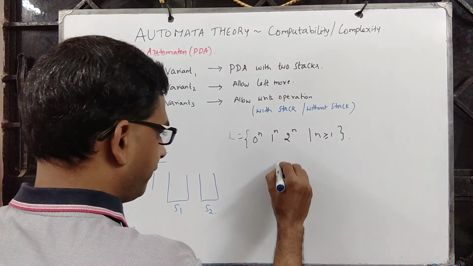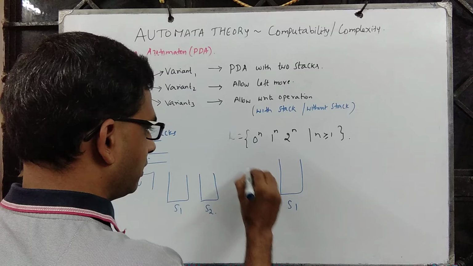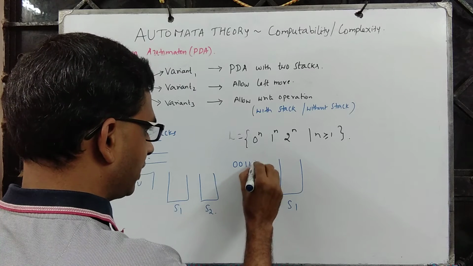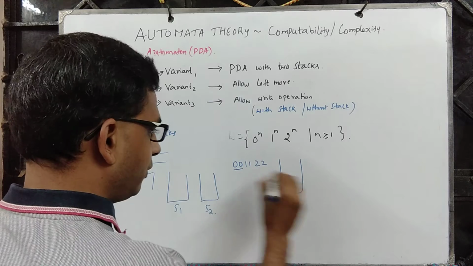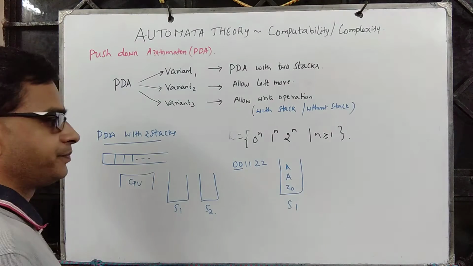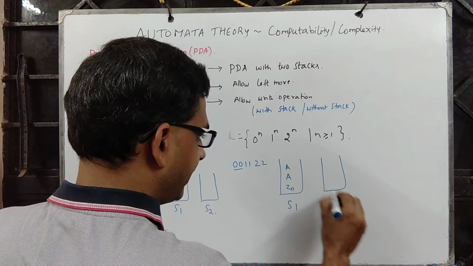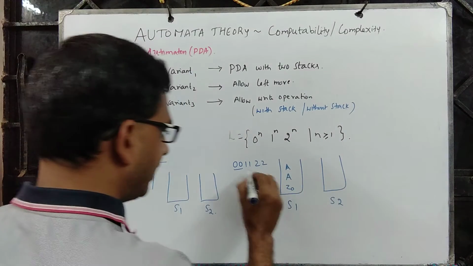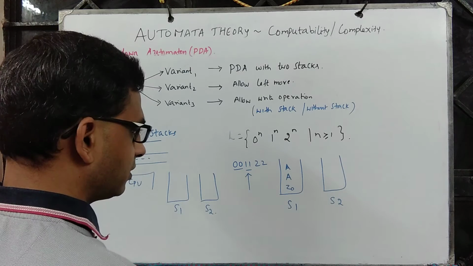What I do when I read zeros, suppose input is 0, 0, 1, 1, 2, 2. For 0, I perform push. Then when I start reading 1, I do two things.